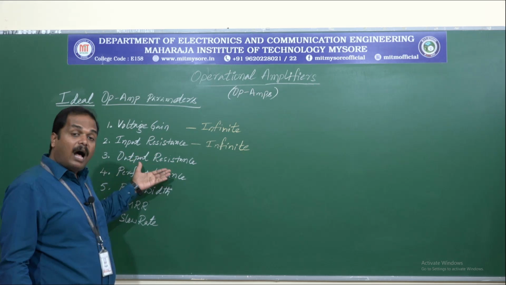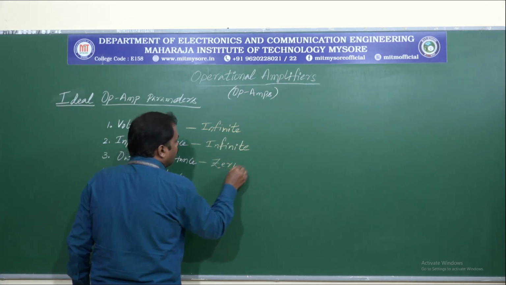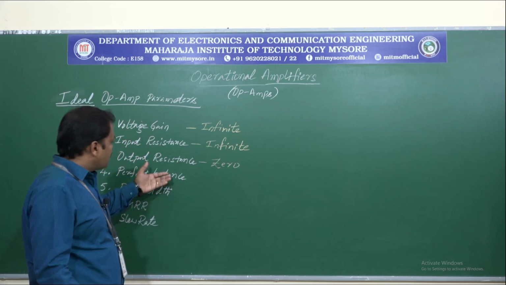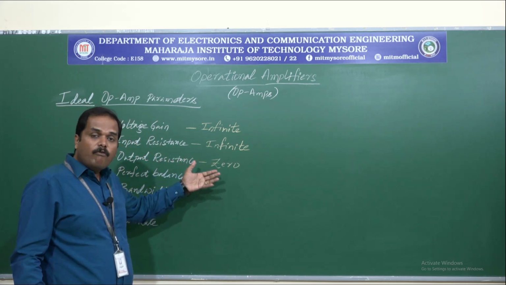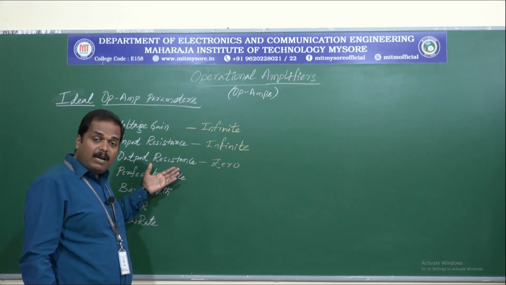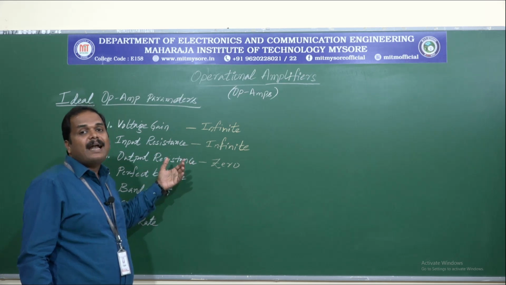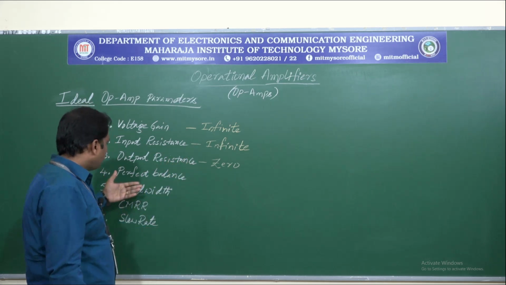And the next parameter is output resistance. This is going to be 0. So the output resistance is 0 for an ideal op-amp, which indicates that the ideal op-amp provides enormous amount of current at the output terminal.